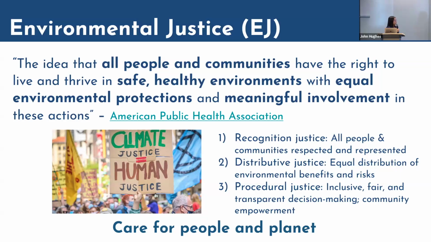Secondly, with the language of equal environmental protections, they address distributive justice, which is ensuring that all these communities and people that are represented have equal distribution of environmental risk and protection. And then lastly, procedural justice, which is ensuring that decision-making processes are inclusive, fair, and transparent for everyone involved. So I think a short and sweet summary of environmental justice is care for planet and people.